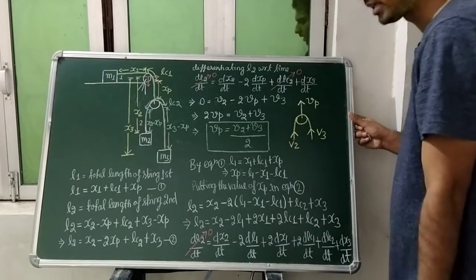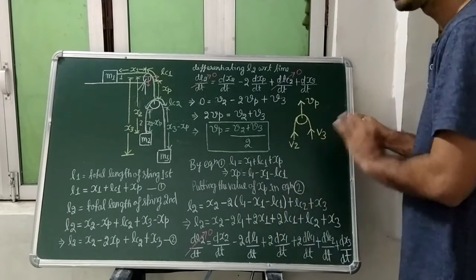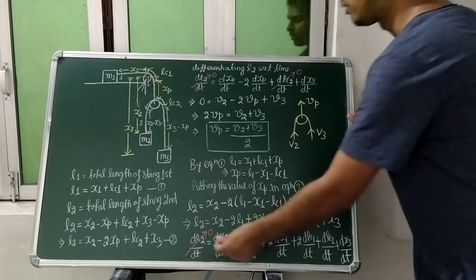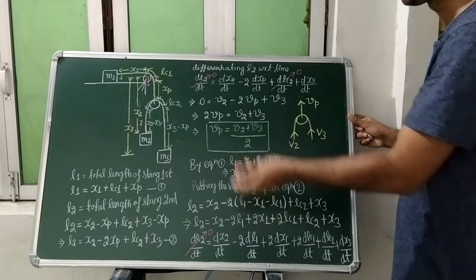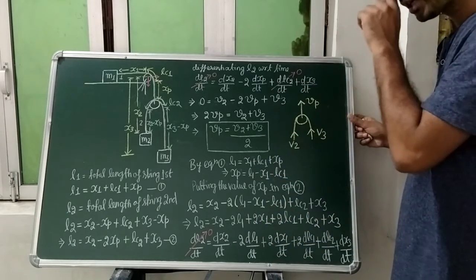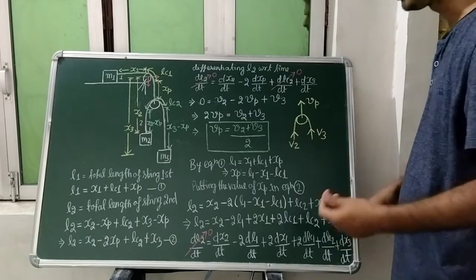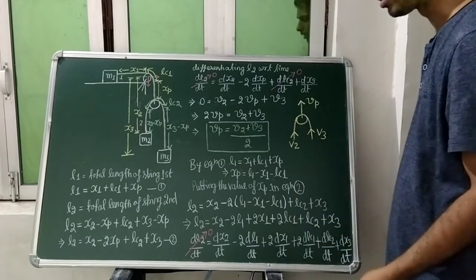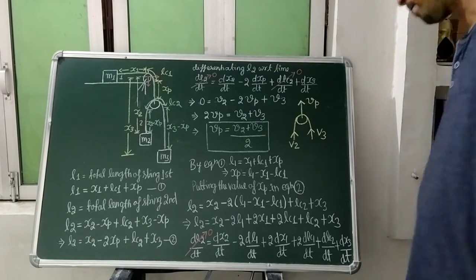Or in other words, there should not be any velocity present in the string, because dL2 upon dt is the velocity present in string 2, and since that string is inextensible, it can't be stretched, so there will be no velocity in that string, otherwise it will break down.